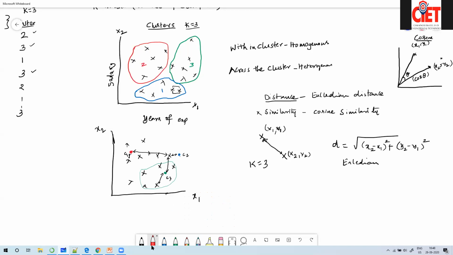For the red centroid, the nearest observations are maybe these ones. And for the blue one, because it's completely kept out of our space as of now, it has only these two observations.